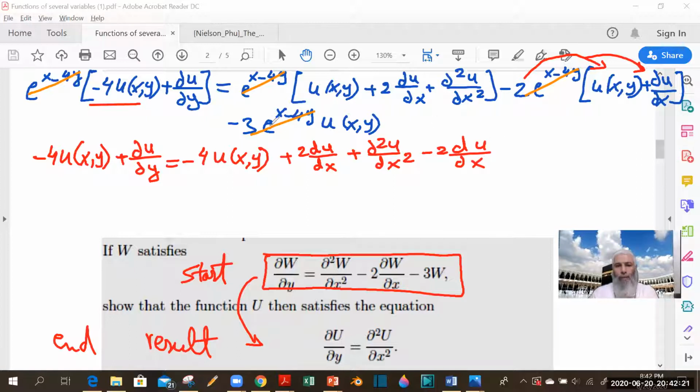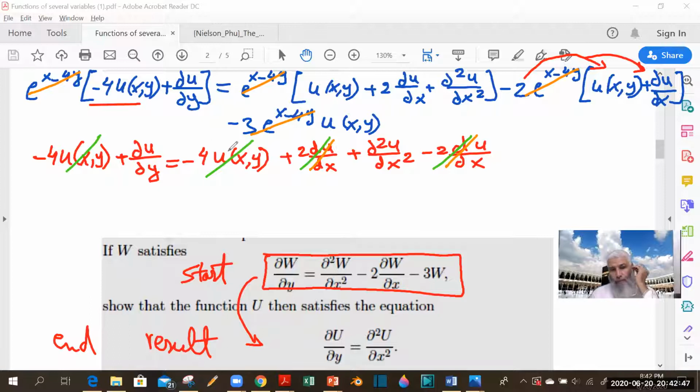Yes. And here, we calculated this, right? Yes. Now, this is plus 2 and minus 2 is 0, right? This is minus 2 and this is plus 2 is 0. And this is minus 4 and this is minus 4. They cancel out, right?